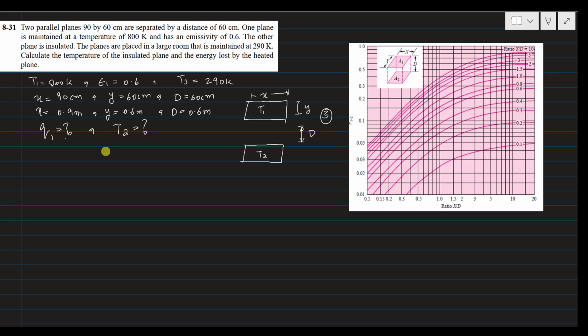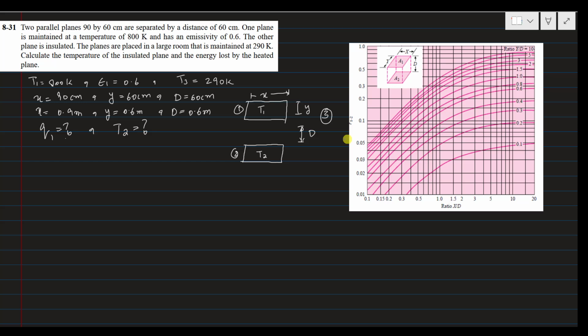Before finding the heat lost by the heated plate and the temperature T2 of this plane, the important thing that we need from this graph is the shape factor F12.